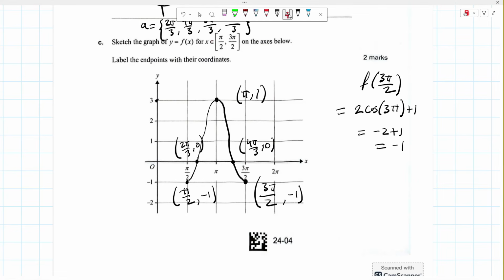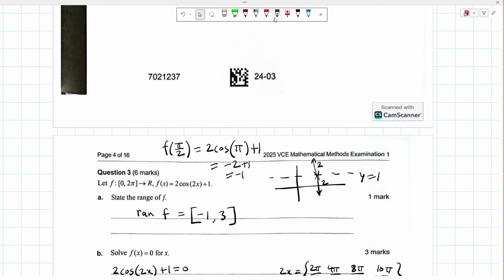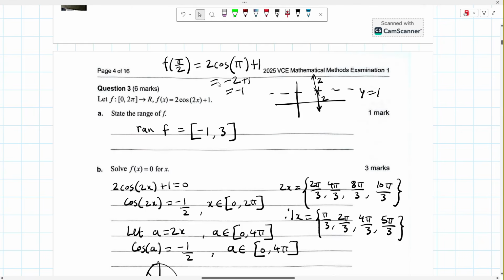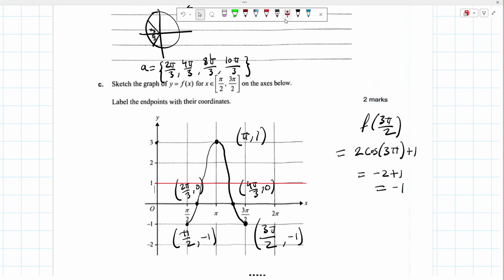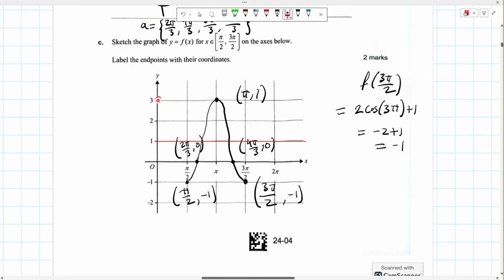And the reasoning for this, how did we find this out? Well, remember, the middle line for our equation is y is equal to 1. So the graph would start here at a maximum, and a quarter of the period is pi on 4. So a quarter of the period later, it would be at the middle line.